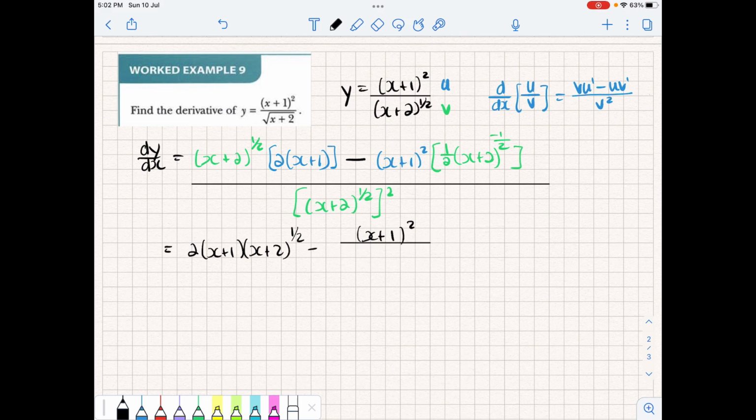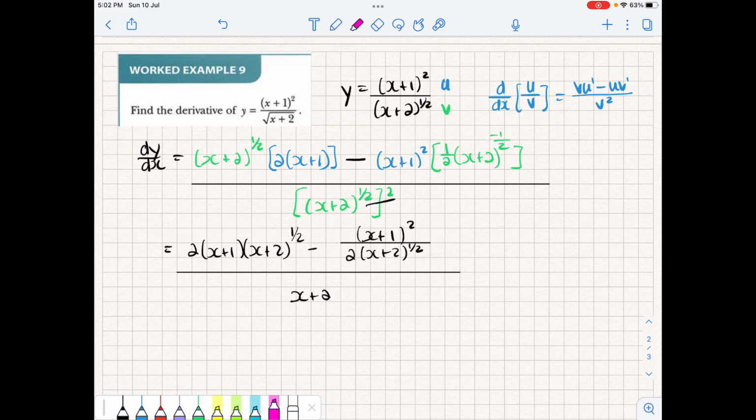So we're going to get 2, because that was already on the denominator, and (x + 2) to the power of a half. And all of this is still over the denominator squared, but we can just write that as x + 2, because these are going to multiply to become 1.